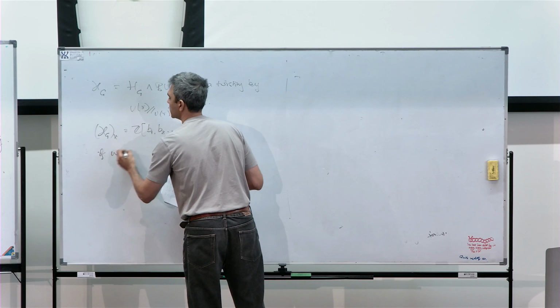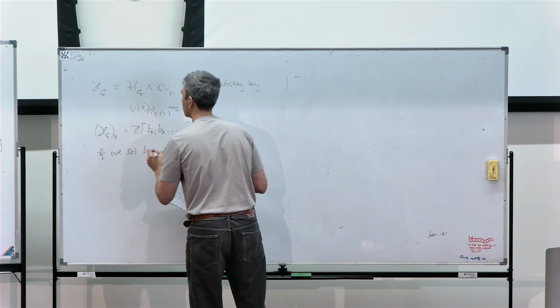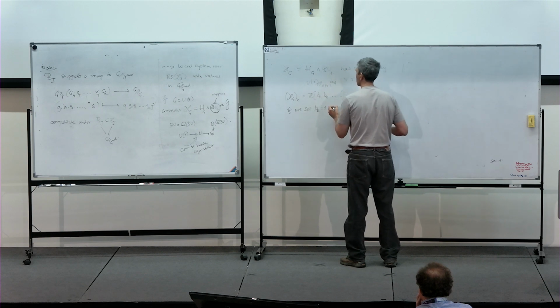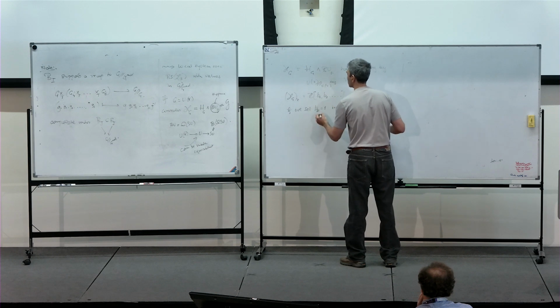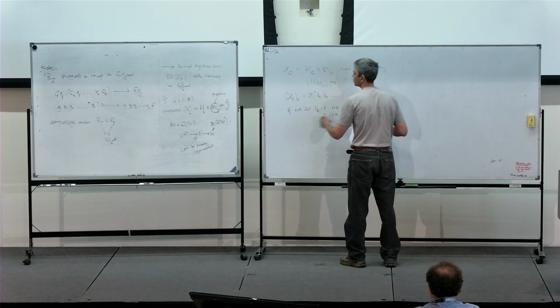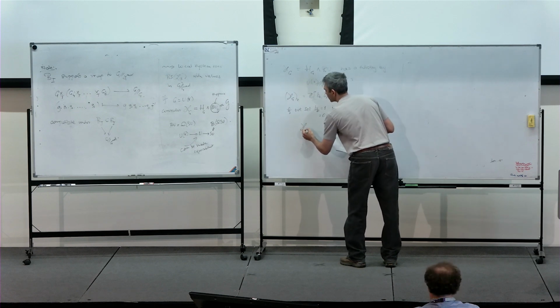If we set BK to be 1 for I equals K and 0 for I not equal to K, so I set all but one equal to 1, and I look at the specialization. So this is the twisted cohomology.